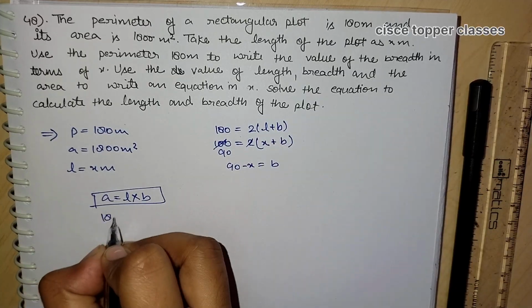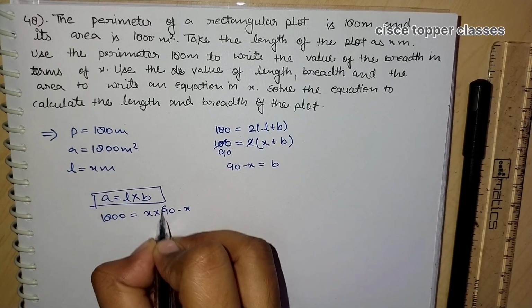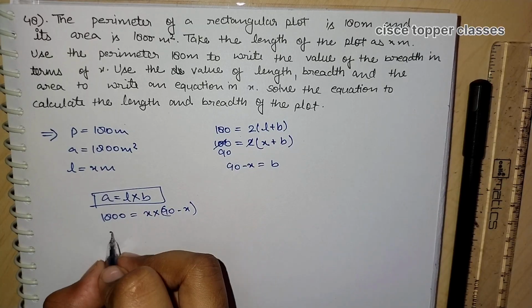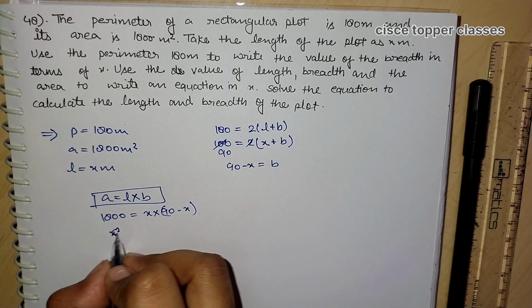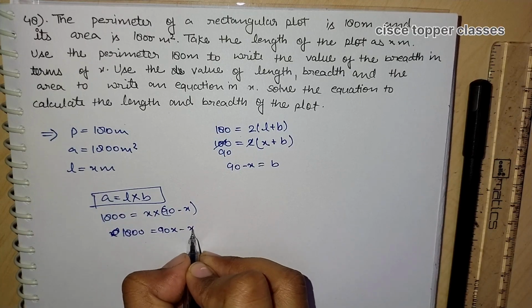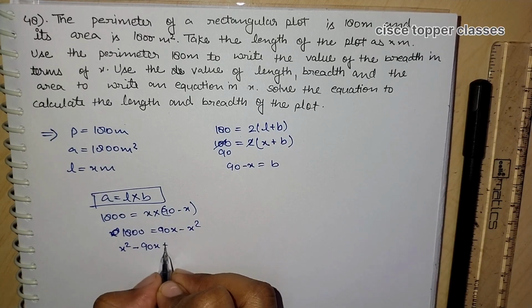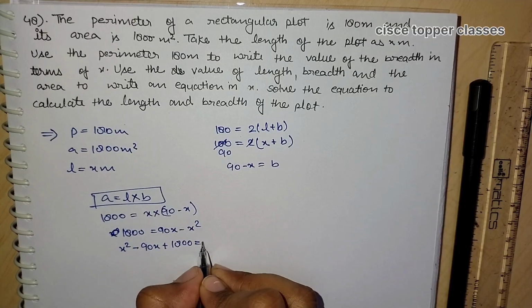So here the area is 1800 meter equal to x into 90 minus x. So 1800 equal to 90x minus x square. So x square minus 90x plus 1800 equal to 0.